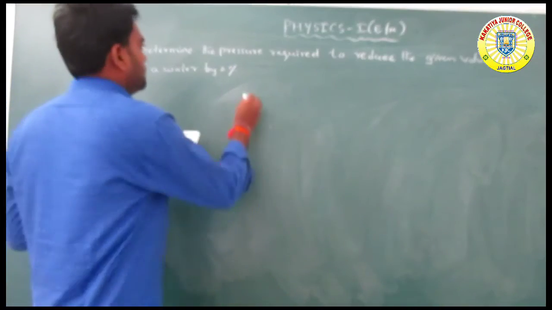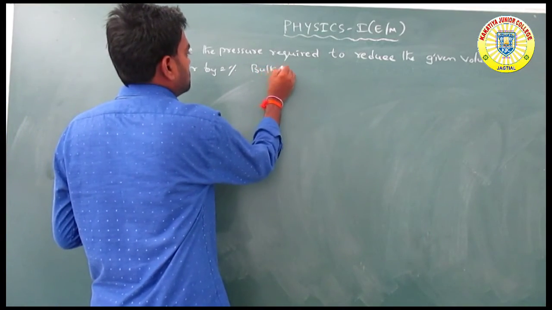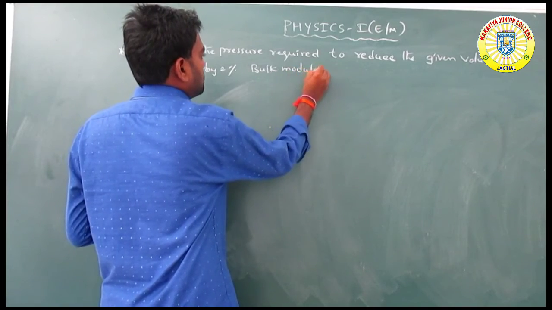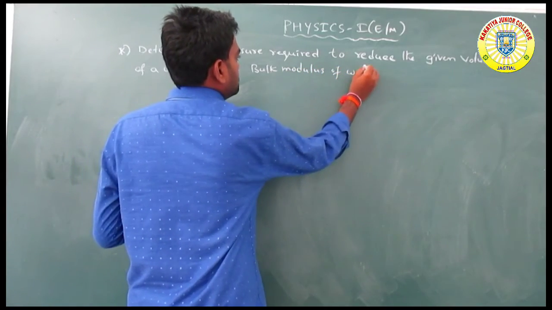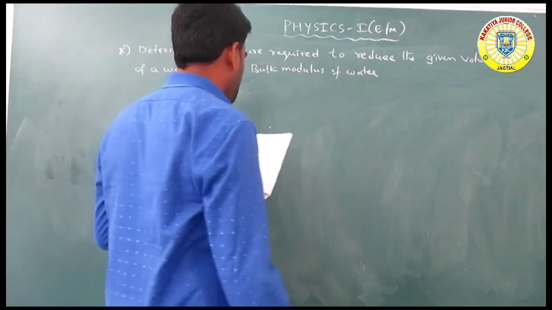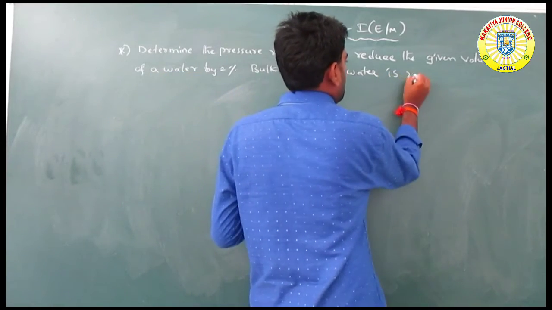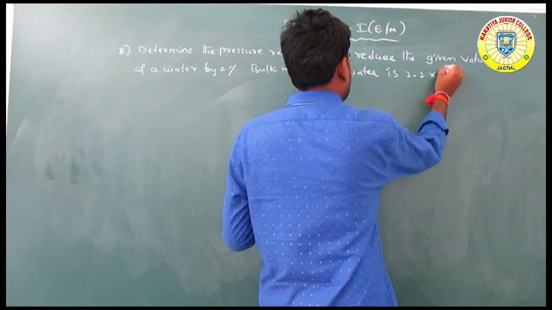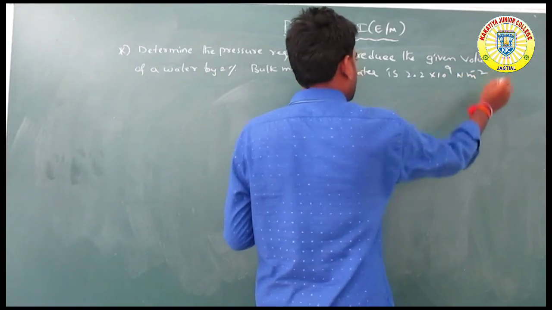Bulk modulus of water is 2.2 times 10 to the power of 9 newton per meter square.